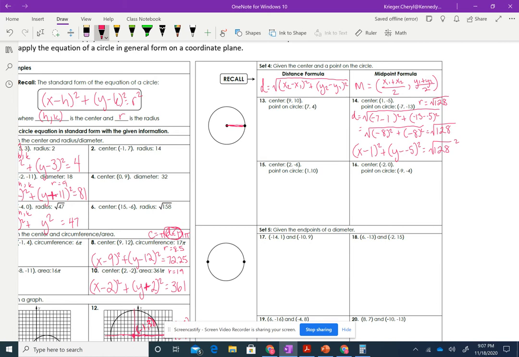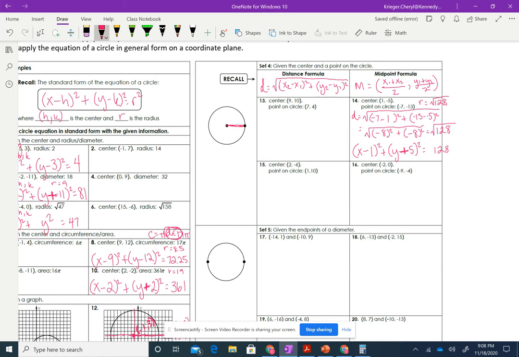So I'll clean it up, right? The square root of 128 squared, the squared cancels the square root. So it just leaves me with 128. And I'll clean up the double negative. It's actually x minus 1 squared plus y plus 5 squared equals 128. Hopefully I'm doing a good job in explaining this. If you have any questions tomorrow, just ask.